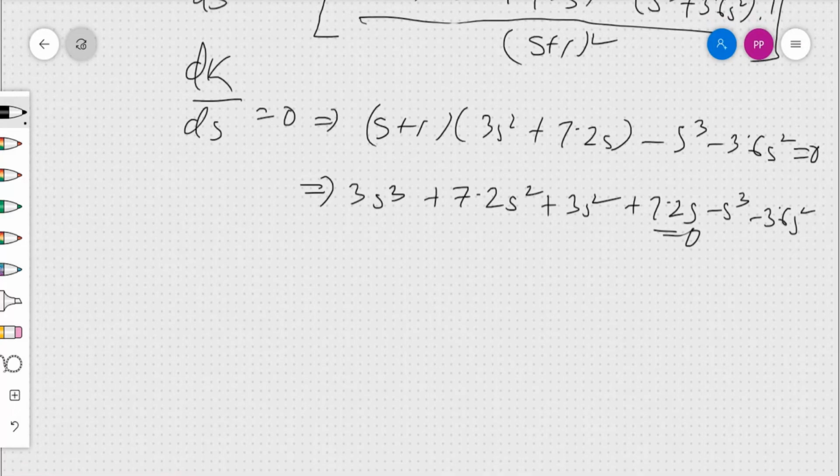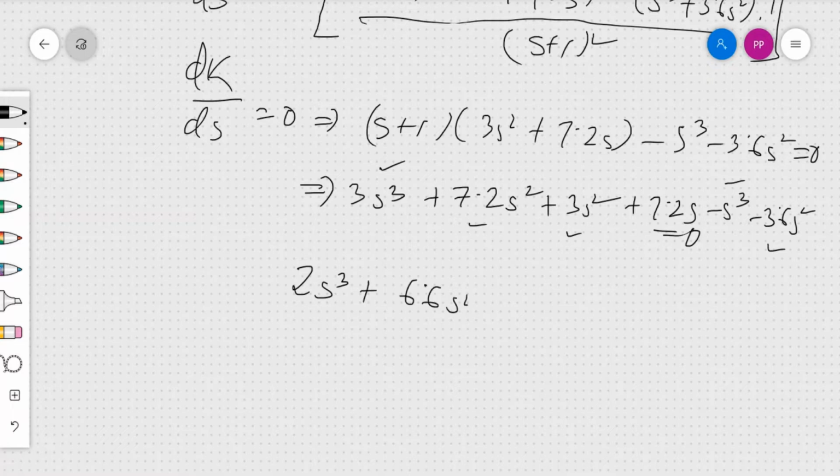So from this we collect the equal powers together. So 3s cube minus s cube, this becomes 2s cube. Then all s square terms will come together. So 3s square minus 3.6 s square is minus 0.6, then with 7.2 it becomes plus 6.6 s square. Then we are left with 7.2s.